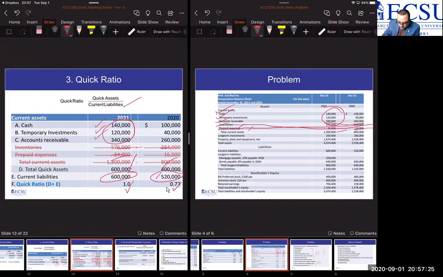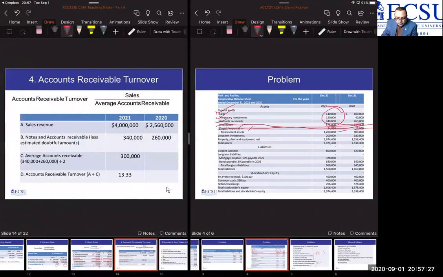Now, the next ratio we are going to calculate is the accounts receivable turnover ratio. Accounts receivable turnover ratio is sales divided by average accounts receivable. Now, this is a composite ratio, as I call it.